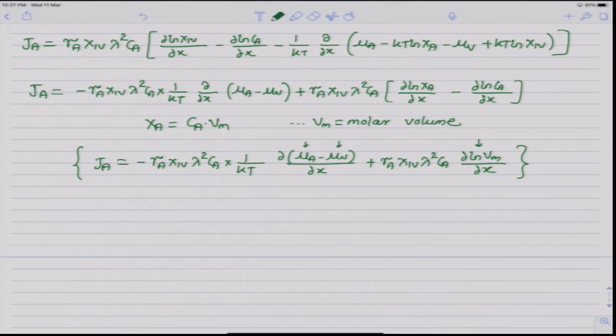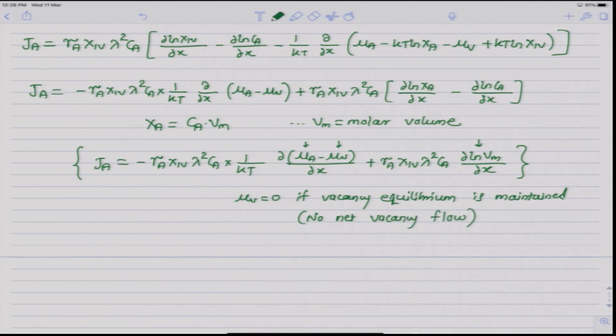and so there will be a contribution from drift to the diffusion flux of A. Now if we assume that the vacancy equilibrium is quickly attained at every plane, that means if there is no excess vacancy flow, then the chemical potential of vacancy is 0, and then the only contribution will be from the chemical potential gradient of A and the molar volume change.